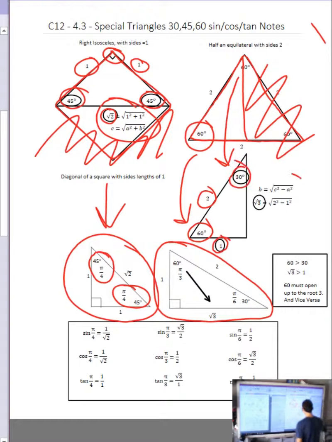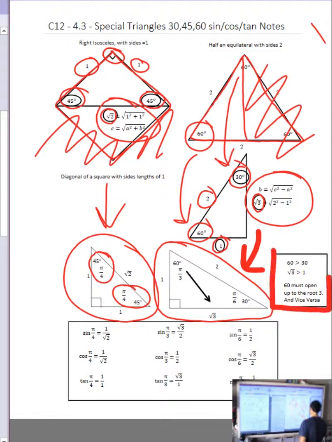And if I do Pythagoras backwards with 2 and 1, I get root 3, which is our special triangle with angles of 30, 60, and the appropriate side lengths. And a big remember off to the right, 60 is bigger than 30. Root 3 is bigger than 1. 60 must open up to the root 3 and vice versa.